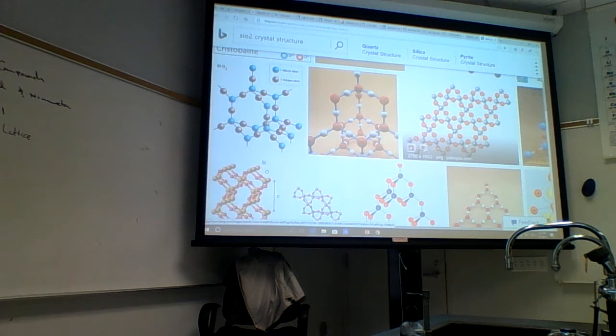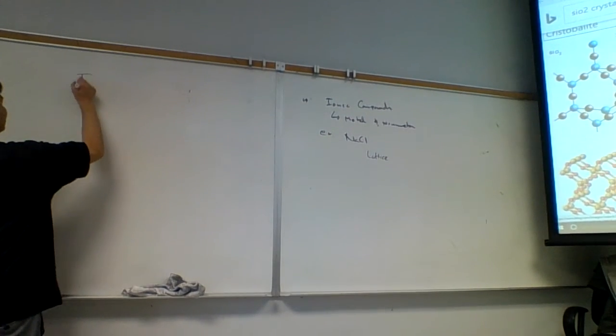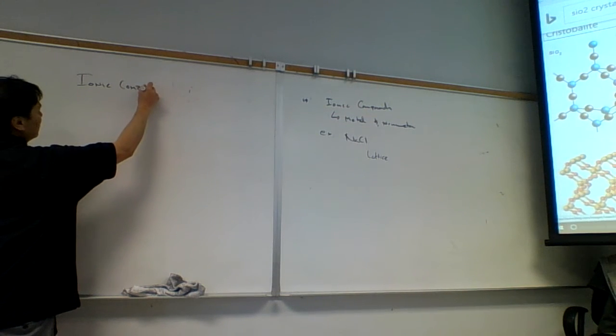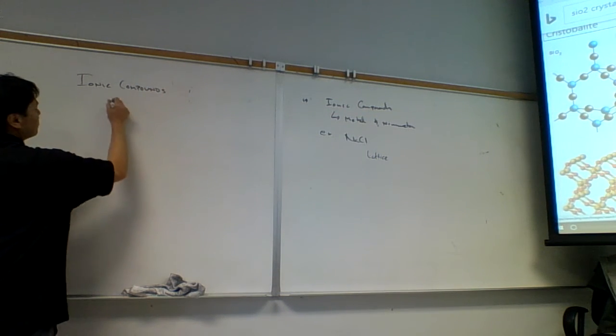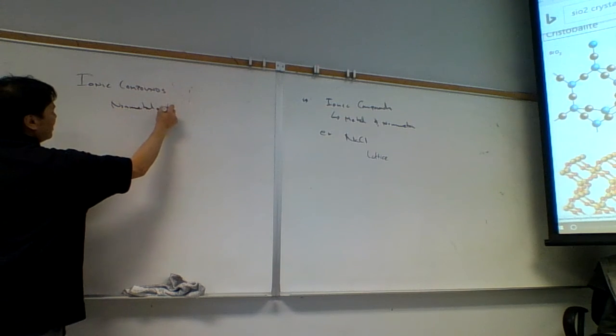Here, would we call this monosodium monochloride? No. Would we call this sodium monochloride? No, we don't use the prefixes. Ionic compounds are typically metals and non-metals, and usually the metals come first.